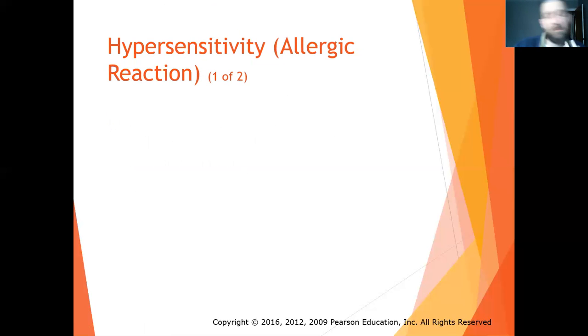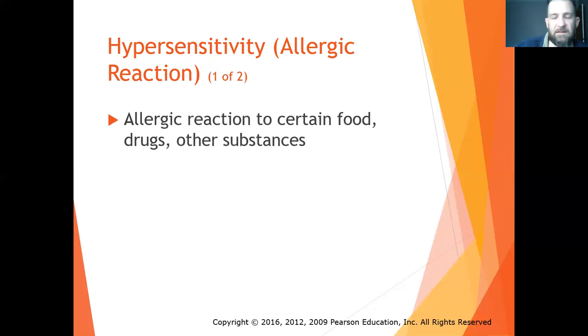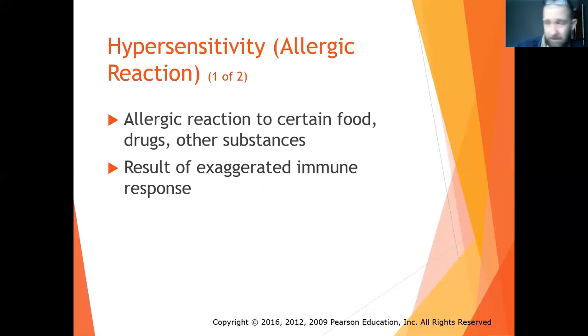A hypersensitivity or allergic reaction is a problem with our immune system. It is basically an overreaction to things happening in our bodies, right? There's no reason that cat dander or a peanut should kill somebody. With allergic reactions, the body does not like certain foods, drugs, or other substances, and it has an exaggerated immune response.